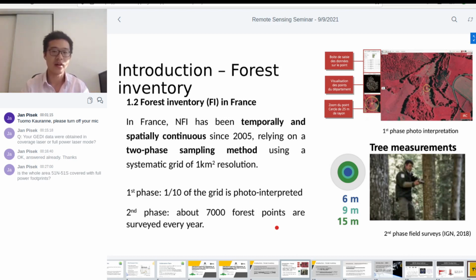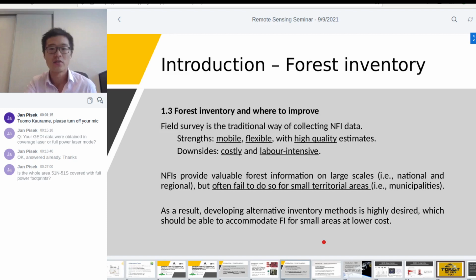And because of that, to collect information on forest inventory, we have to send out people and experts to go to the field every year. This is the traditional way of collecting NFI data.